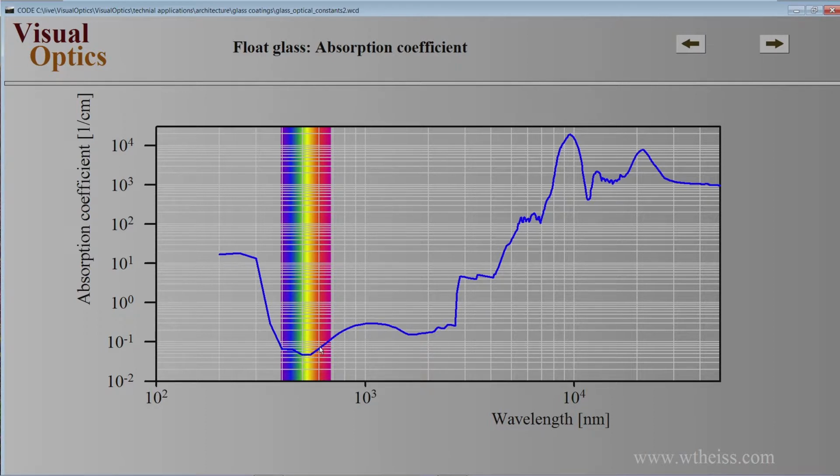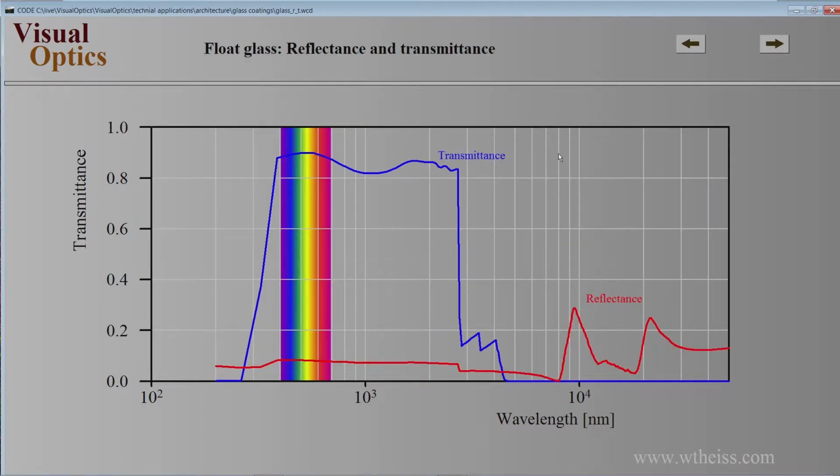The absorption of glass is really very, very small. But then if we go to larger and larger wavelengths, you can see an increase of the absorption, and here where we have the strong vibrational modes, the absorption coefficient is very high. This leads to the following optical properties of glass.